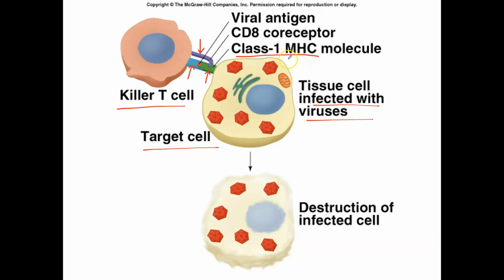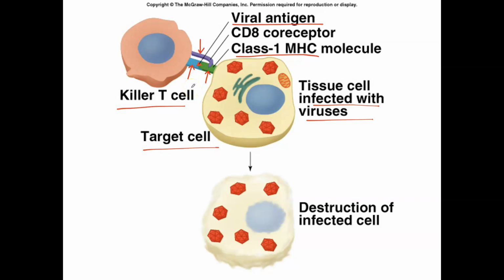And this particular class 1 MHC is showing a viral antigen. So that means that this particular host cell actually has virus in it, and that viral fragment is being presented to the body's immune system.